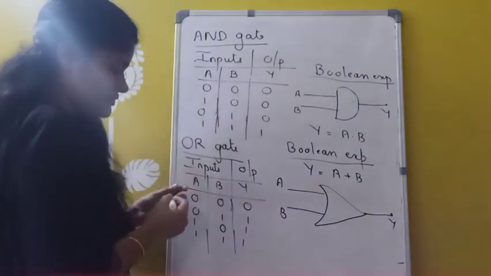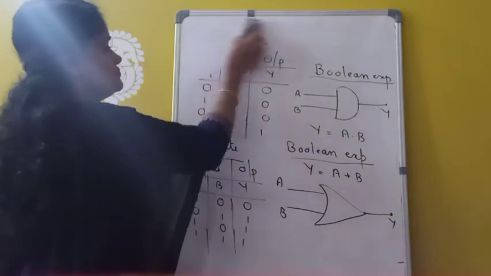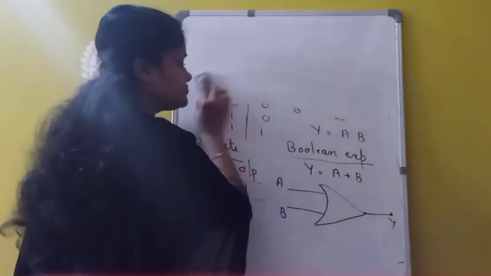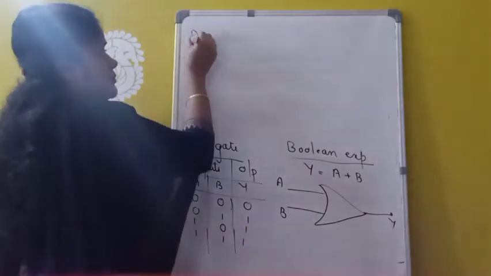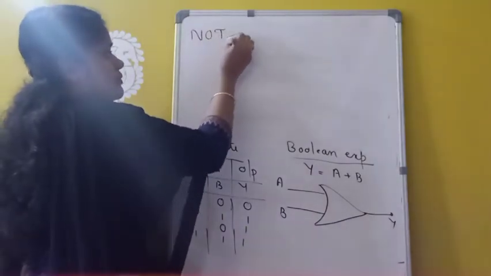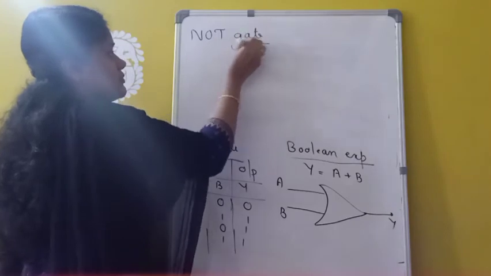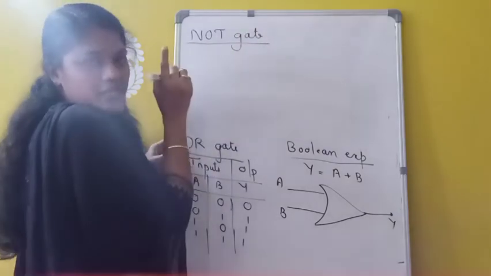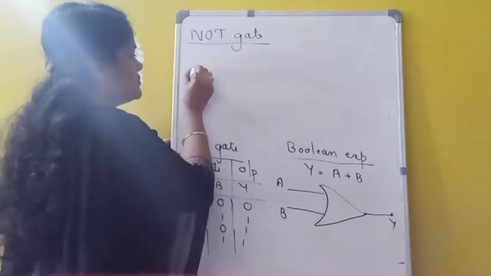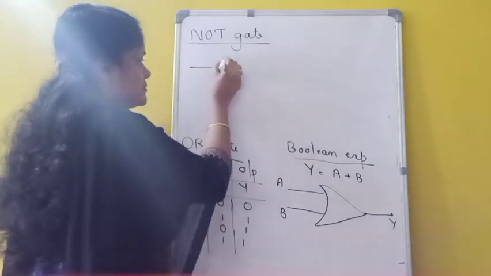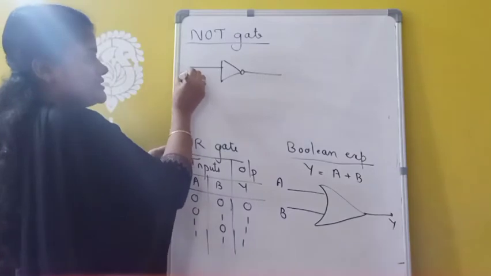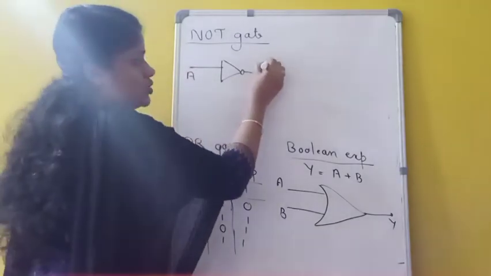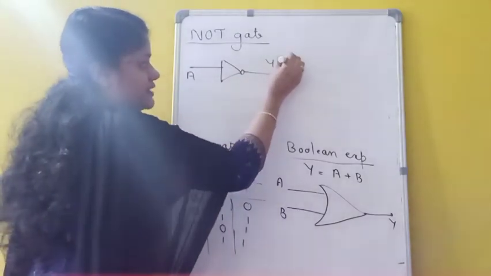Now the third basic logic gate, the NOT gate. The NOT gate has only one input and one output. Suppose the input is A, then Y equals A complement is the output.